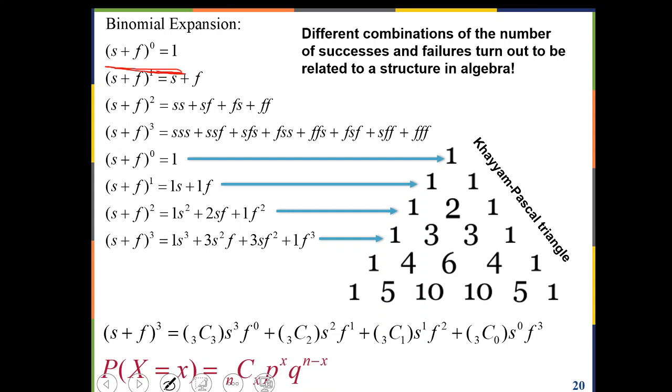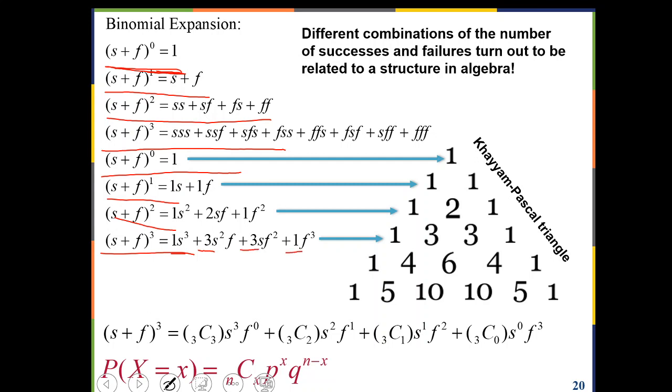So here in algebra, people knew how to expand these. So what they did, they looked at these numbers right here, and they realized that these numbers are actually the numbers in the Pascal triangle, or Khayyam-Pascal triangle. And those numbers are coefficients of these terms, see?